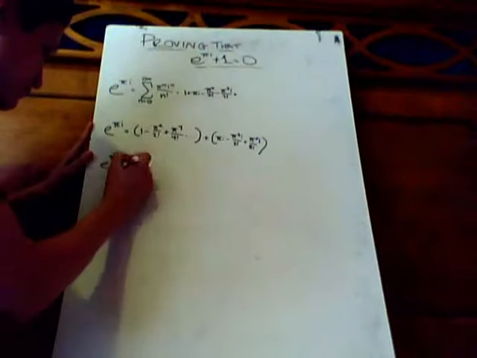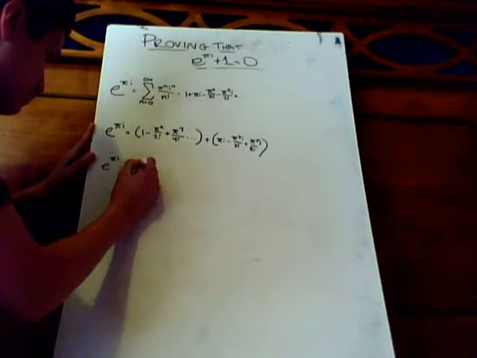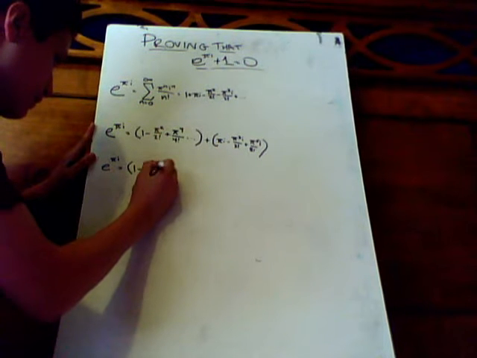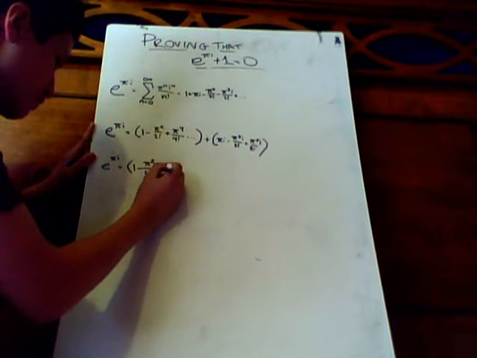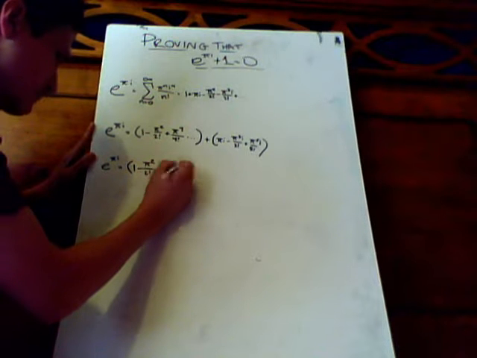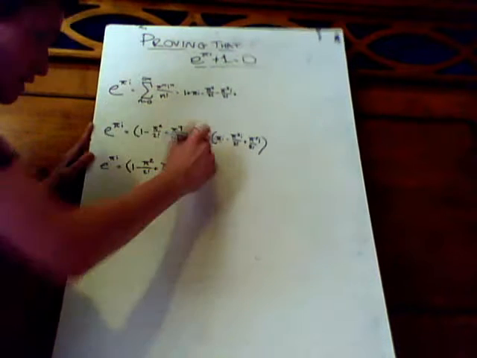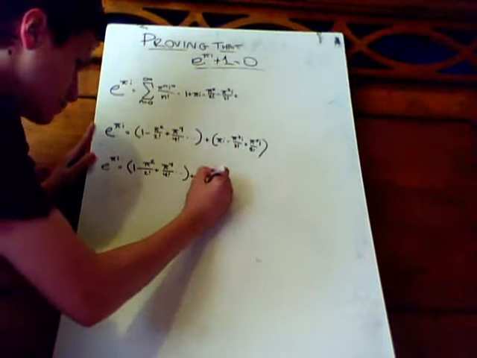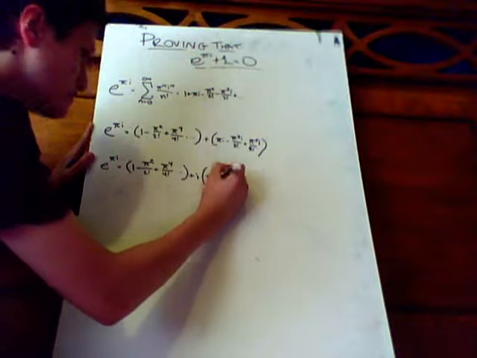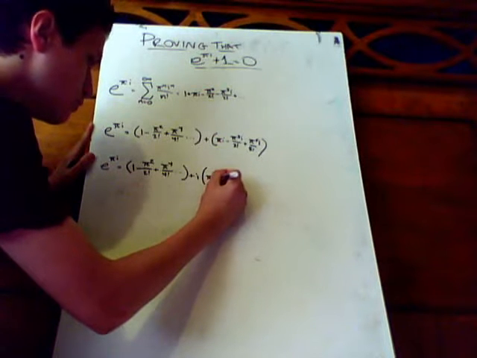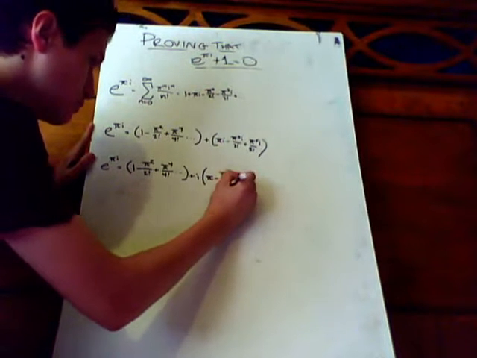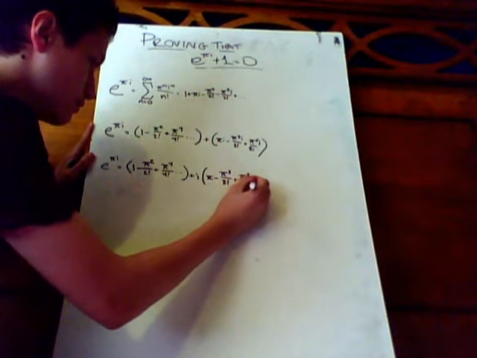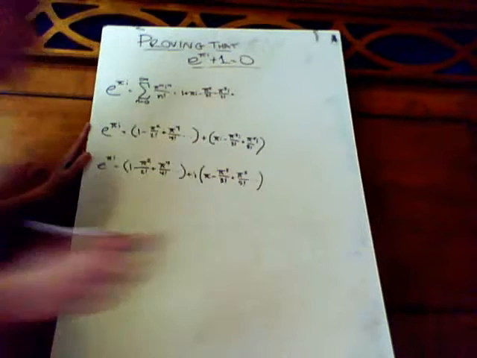Just rewrite this: 1 minus pi squared over 2 factorial plus pi to the fourth over 4 factorial, dot, dot, dot. Factor out i, so plus i times pi minus pi cubed over 3 factorial plus pi to the 5th over 5 factorial, dot, dot, dot, right there.